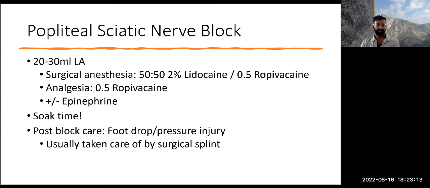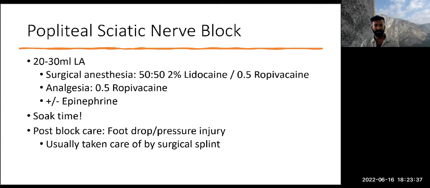And just a little point about post-block care. There is a risk of foot drop. I mean, the sciatic nerve block will create, obviously, a foot drop for the period of time the block is in effect. And so managing that with some sort of support or splinting is actually quite important.